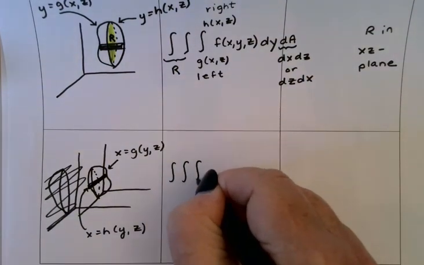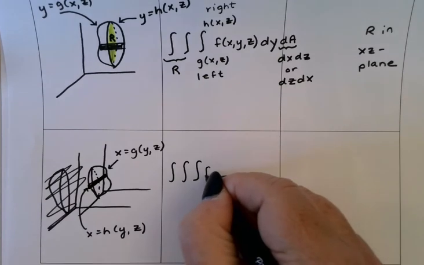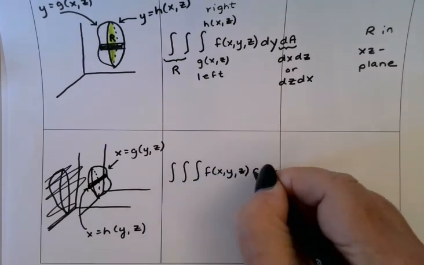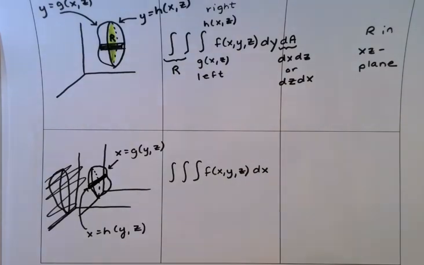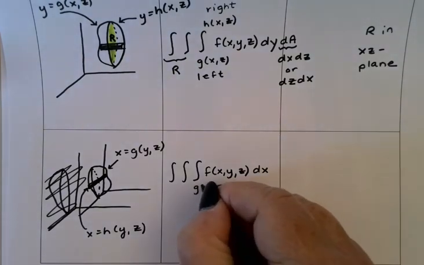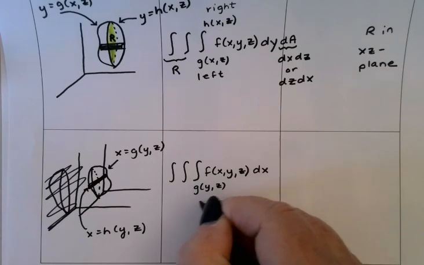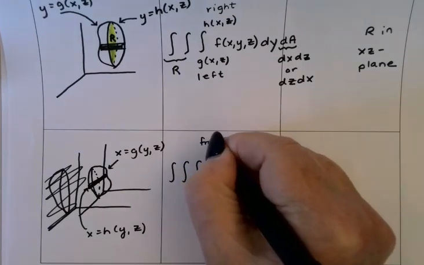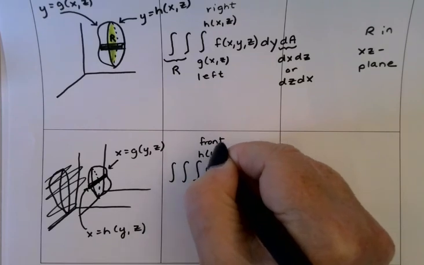Now when I go to set up my integral, again, I've got whatever my integrand is, f of x, y, and z, and I'm integrating dx first. From the back, g of y and z, to the front, h of y and z.